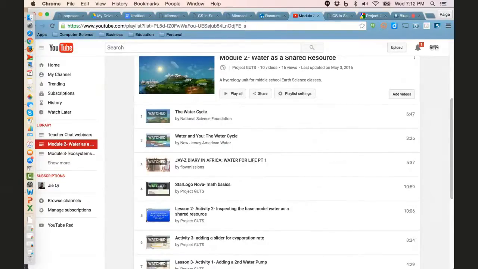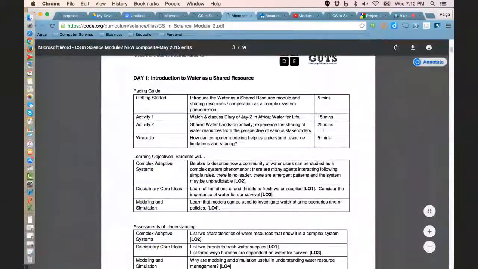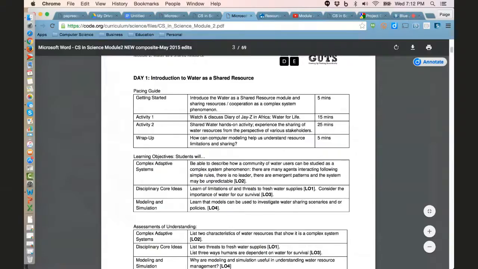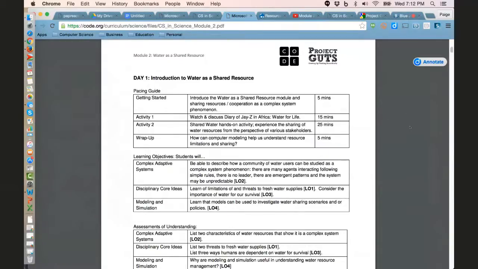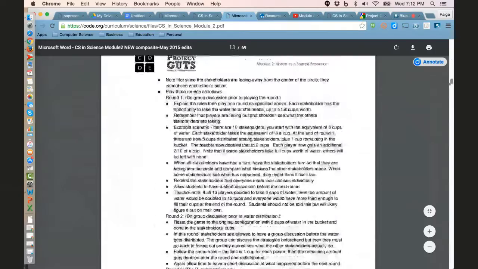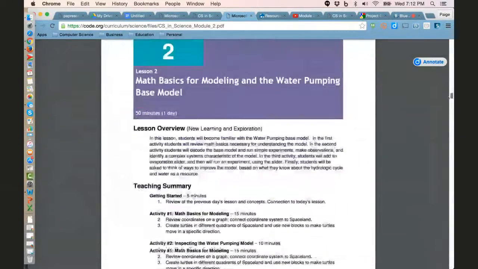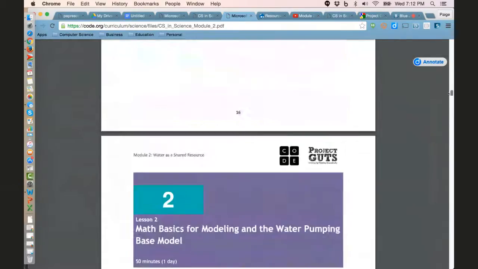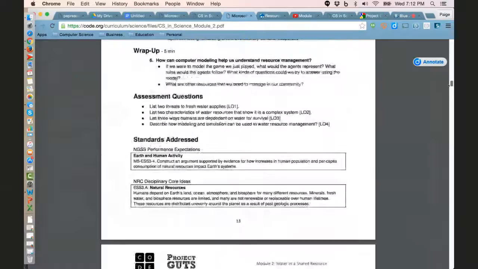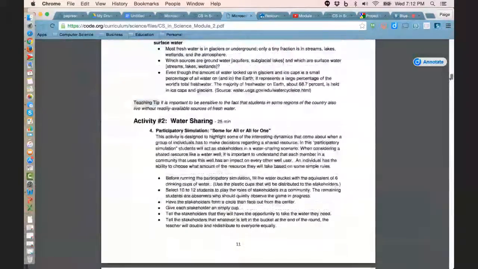But then we have a further activity called Some for All. I forget the name of it. Here we go. It's a behavioral economics type of experience for students, and it gets them to think about what it means.